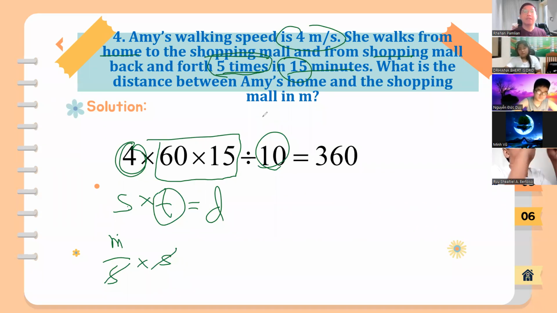So if it's 5 times and then it's back and forth, that's a total of 10 times passing through that certain distance. Okay. So here, 4 times 60 times 15 divided by 10, that's going to be equal to 360. And that is your answer. Meaning in meters, that's going to be 360 meters. Okay. So that's the actual distance from Amy's home to the shopping mall.